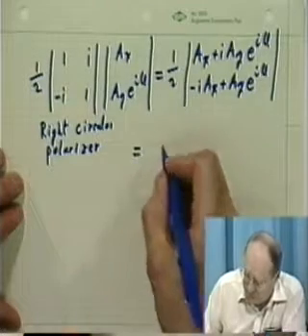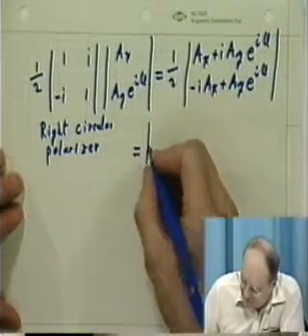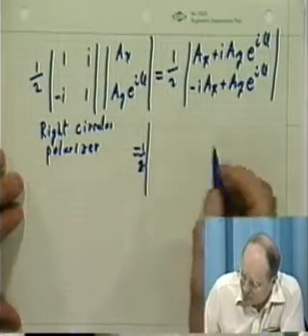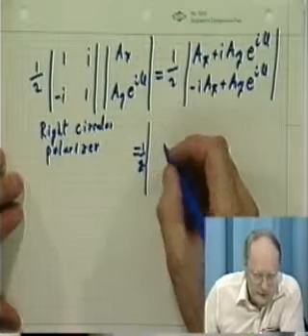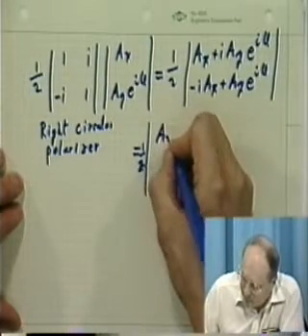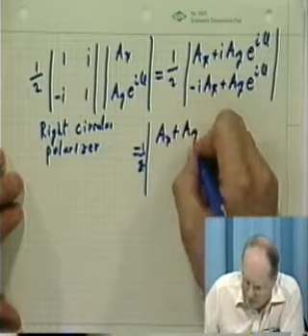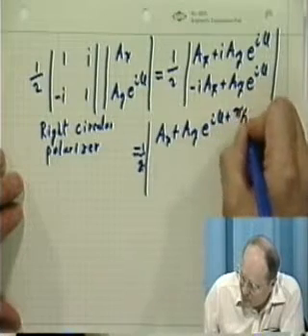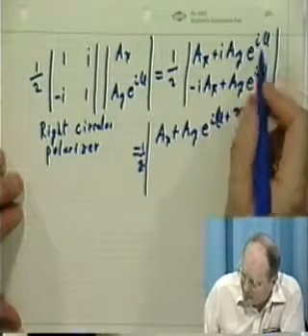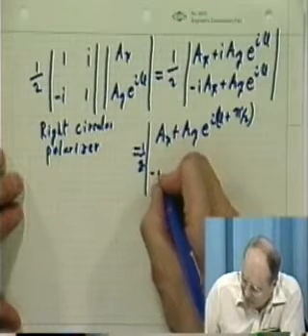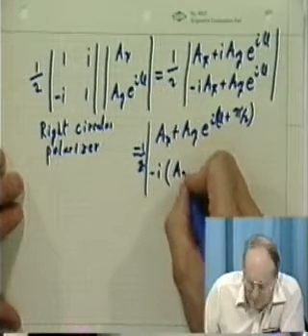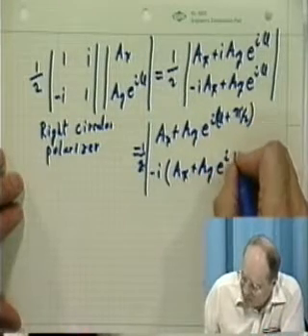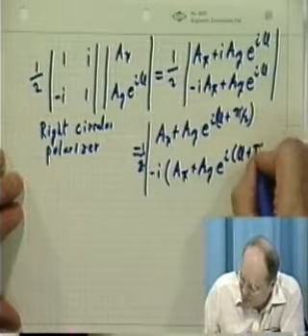And I'll just rewrite that as, well, I forgot the little 1/2 out in front here. 1/2, you can read my writing, 1/2 here, times a sub x plus a sub y, e to the I phi plus pi over 2. So we just put that I up here. And down here we'd have minus I times a sub x plus a sub y, e to the I phi plus pi over 2.